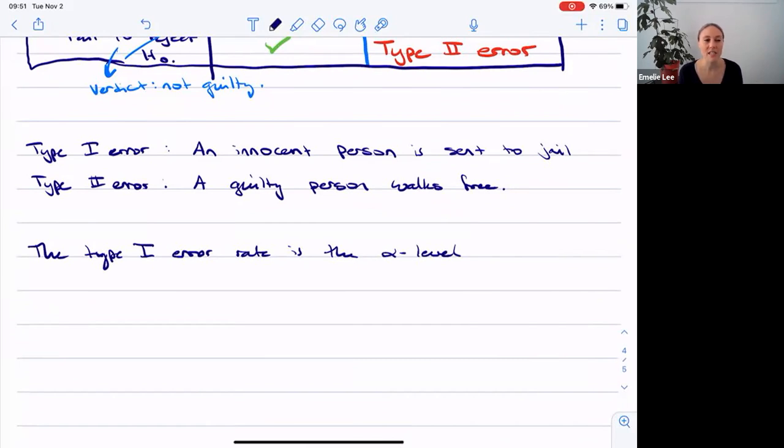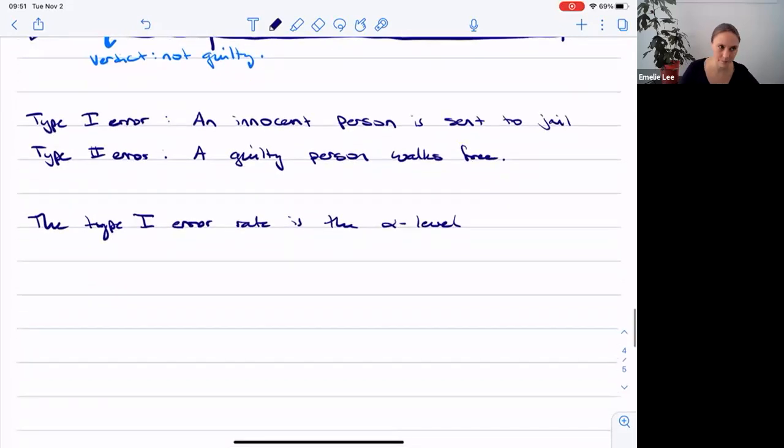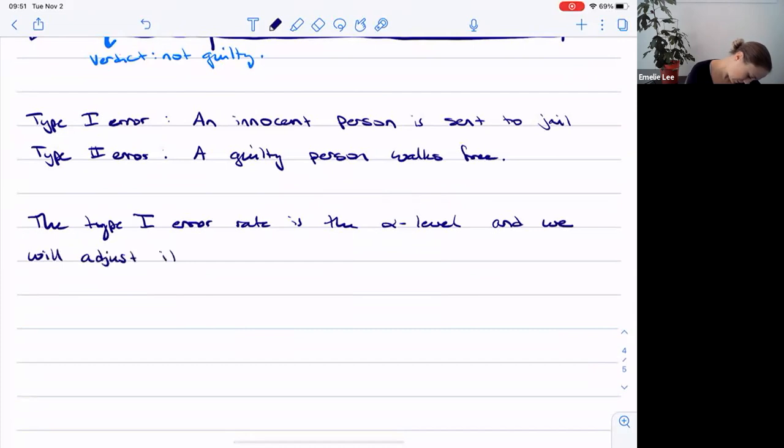And depending on how dangerous or expensive it is to make a type 1 error, we will adjust the alpha based off of that.